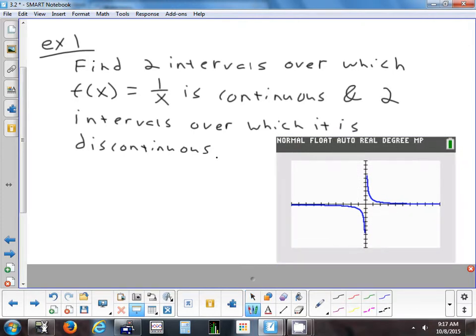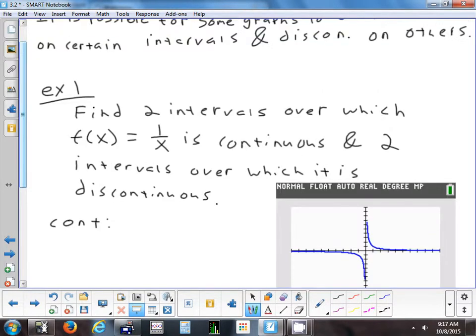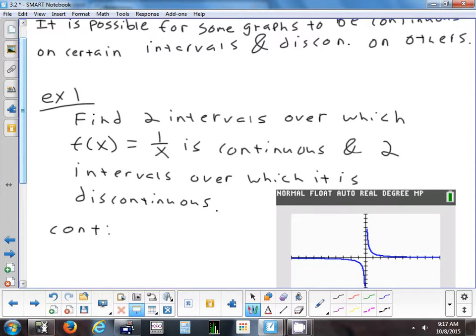And let's start with two intervals that are continuous. Anybody give me an interval that I could trace between the two without lifting my pencil? Between 2 and 3. That's perfect. I can definitely trace between 2 and 3 without lifting my pencil, and it doesn't even matter if you do bracket or parenthesis.